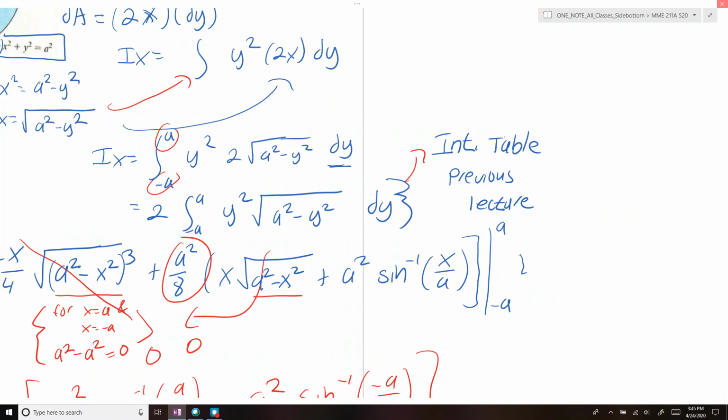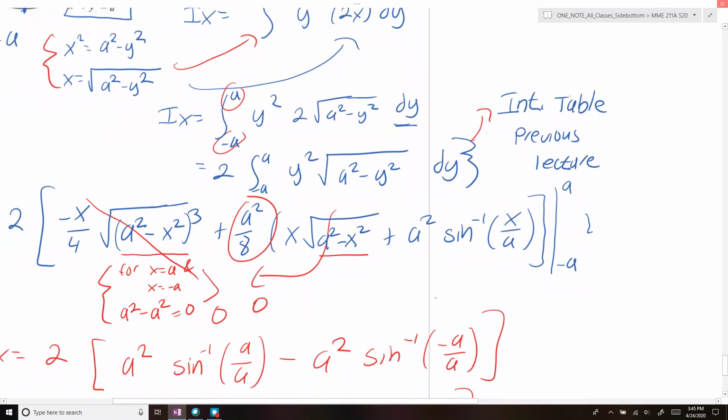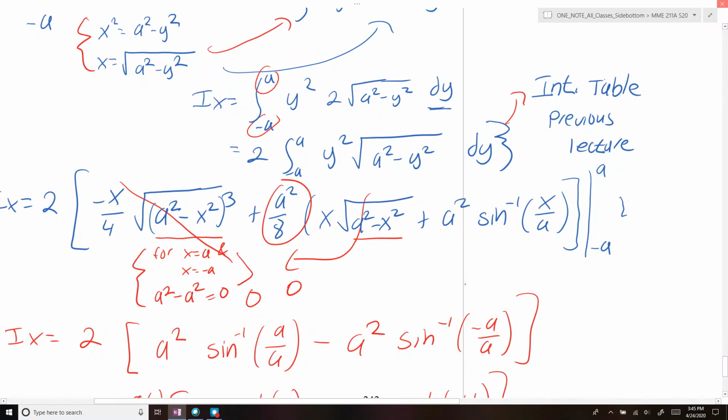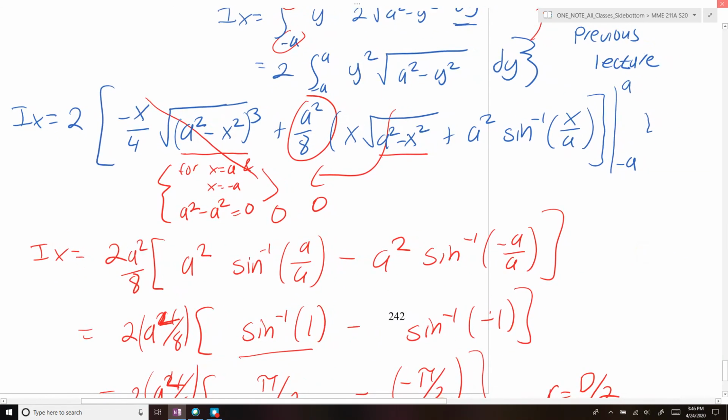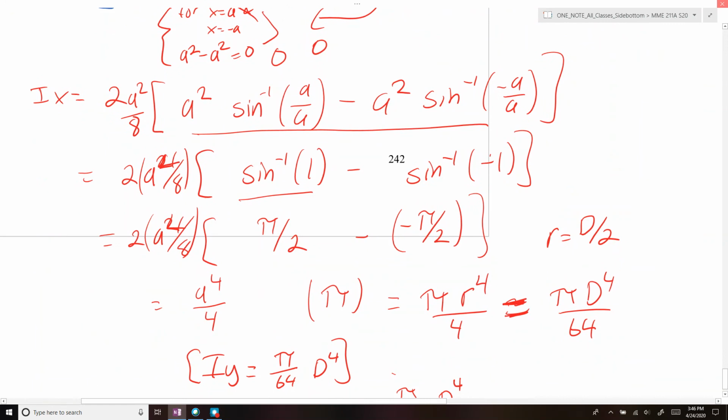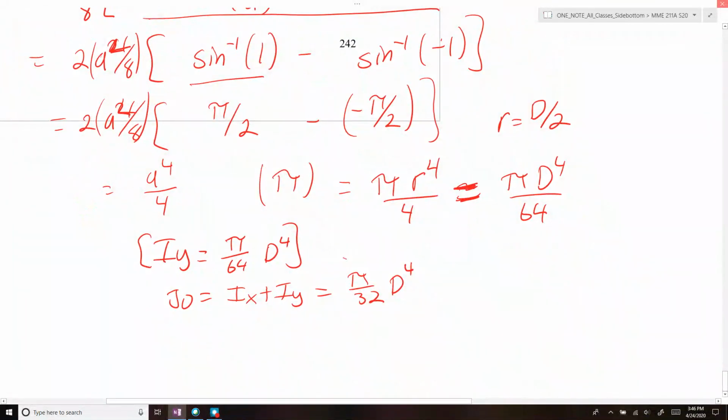Once we had our integration table, we plugged in our two values, and most of our terms canceled, and we were left with just the inverse sine term. We solved all that out, and we ended up with our answer.